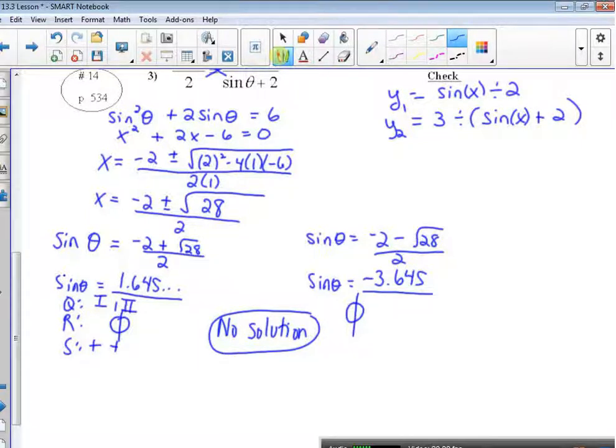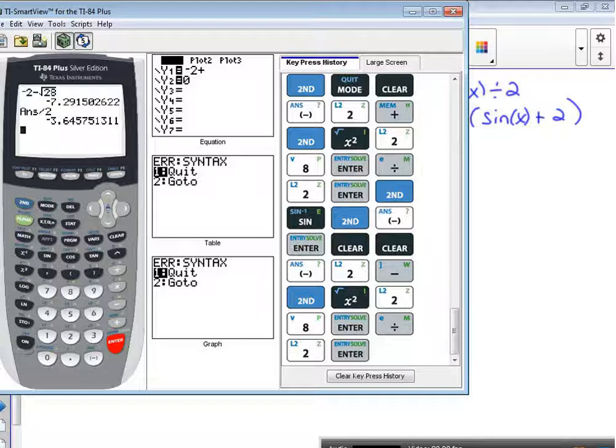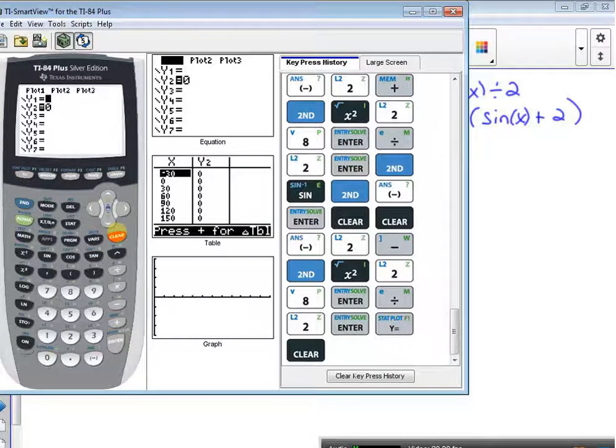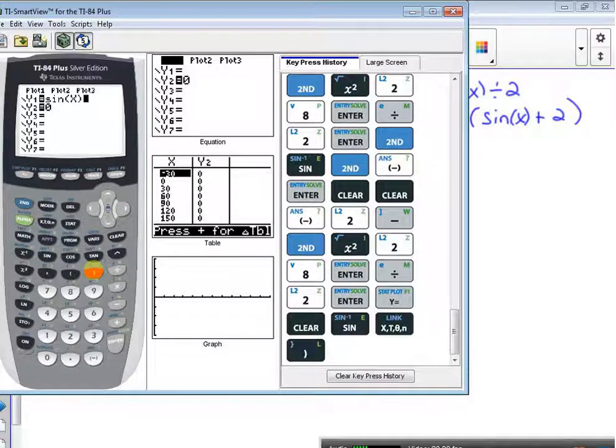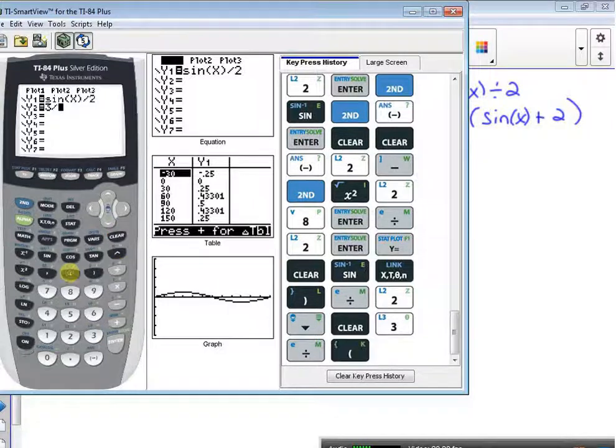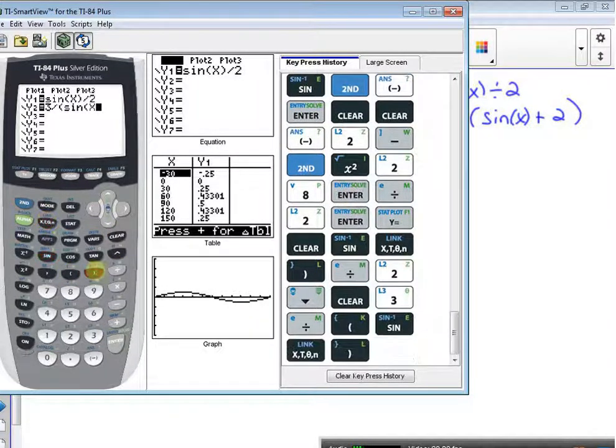Okay, so let's take a look at that. So sine x divided by 2, and then 3 divided by sine x plus 2.